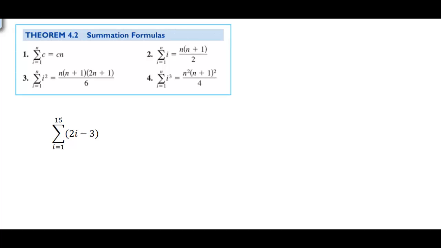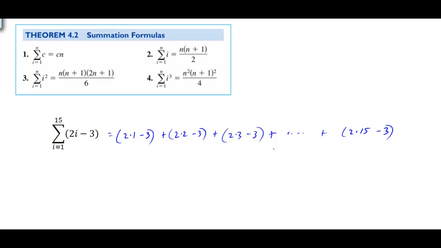If we were to do this by hand, what this really means is we would plug a 1 in, and we would take 2 times 1 minus 3, plus 2 times 2 minus 3, plus 2 times 3 minus 3, and we would have to continue all the way up until we got to 15, until we had 2 times 15 minus 3.